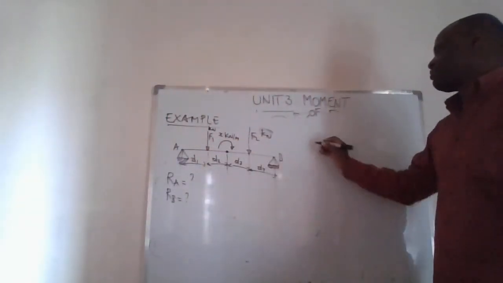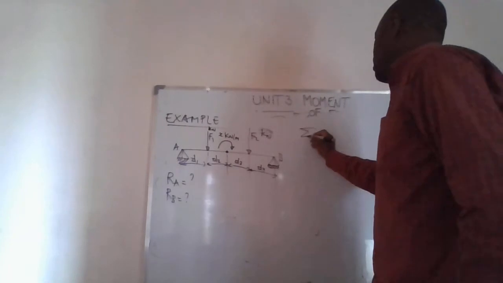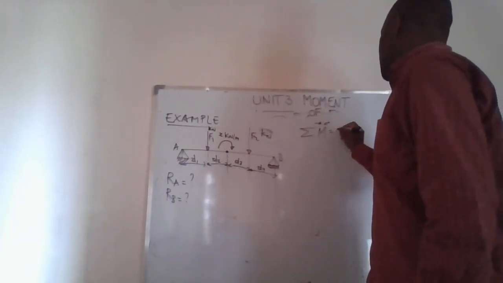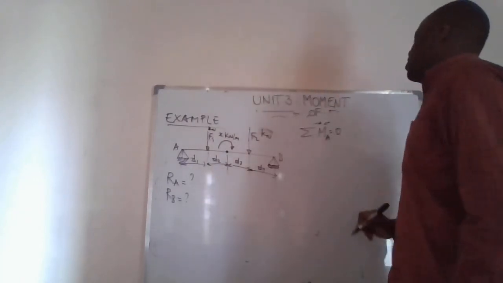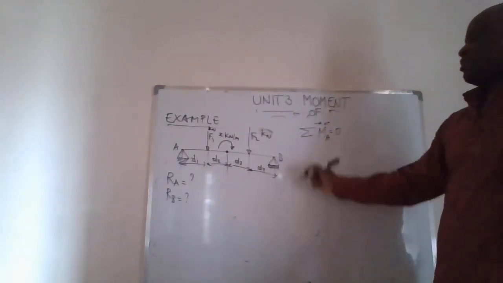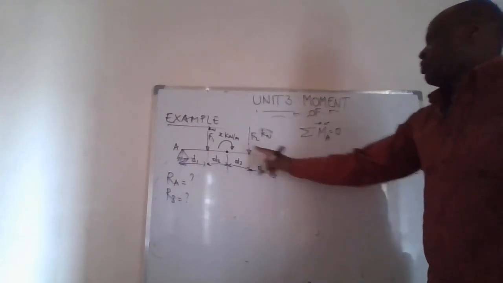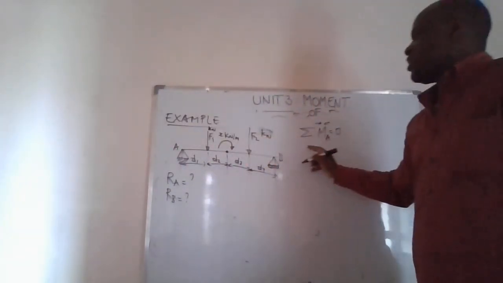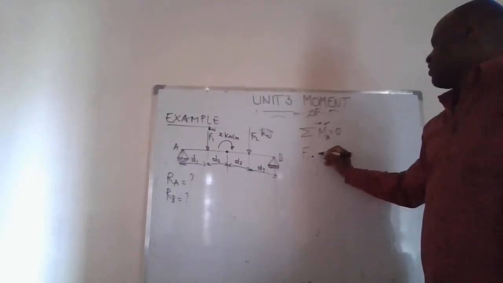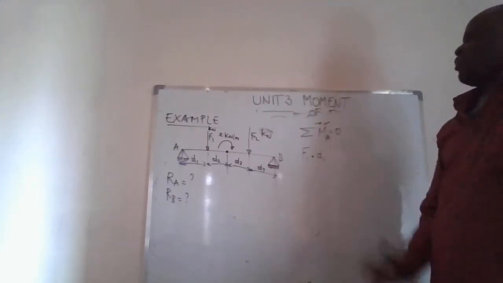How do we get RA and RB? Again, by use of the equation of moment, the second equation of equilibrium. About A, let's write the equation. What's going to be the equation? We have F1 creating a clockwise moment, and the moment arm is D1, so the moment is positive.